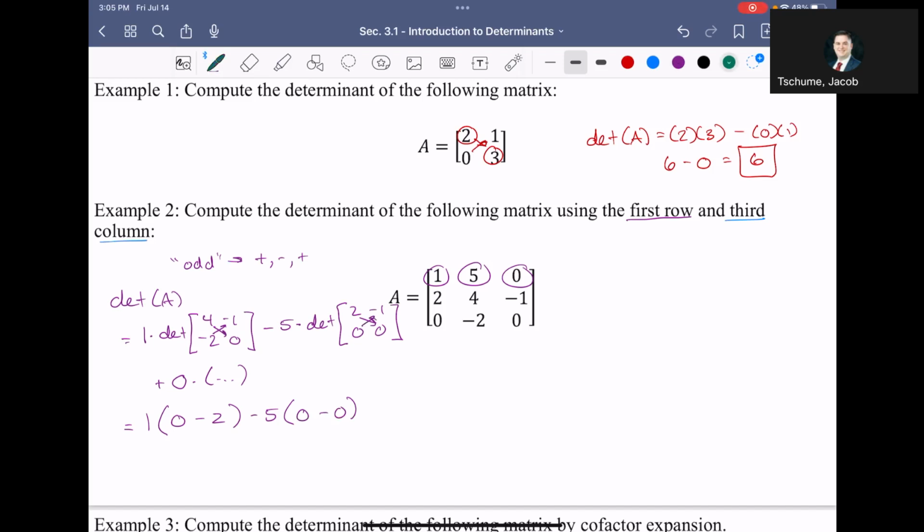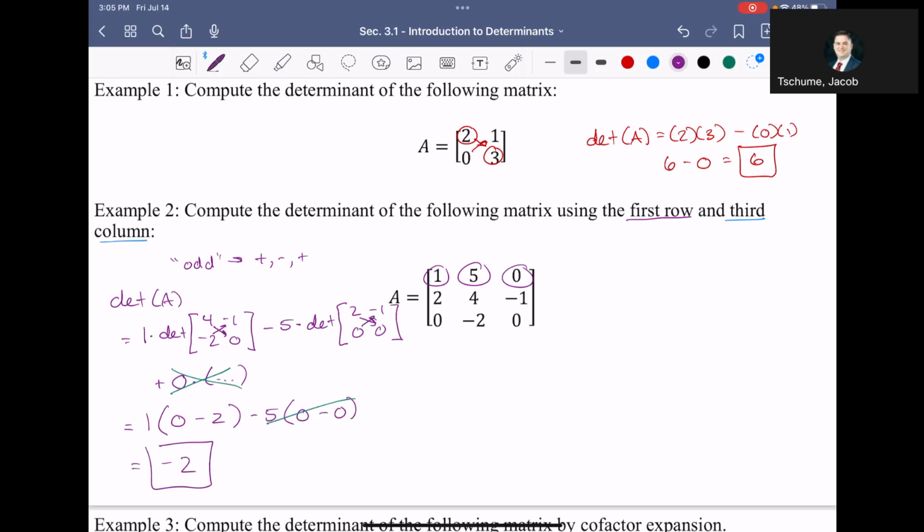And like I said, we don't care about this one because I know it's going to go to 0. Number crunch this out. Actually, this term goes to 0 as well, so that's gone. So 1 times 0 minus 2 gives me a determinant of -2.